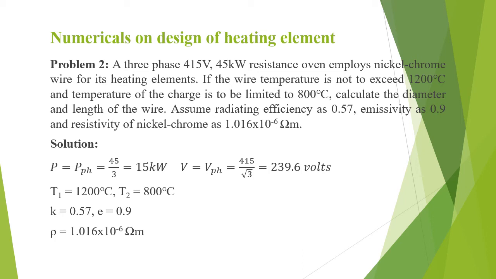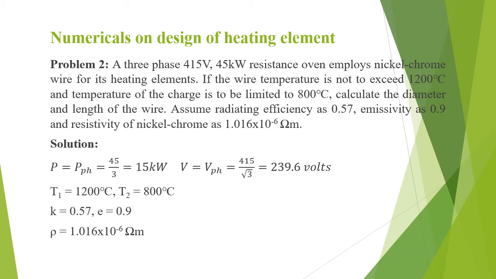So the given data: electrical power P, we have to consider for single phase. So P equal to P phase, that is 45 by 3, that is 15 kilowatt. Similarly, for supply voltage, V is V phase, that is supply voltage 415 by root 3, that is 239.6 volts. Temperature T1 is 1200 degrees Celsius, T2 is 800 degrees Celsius.